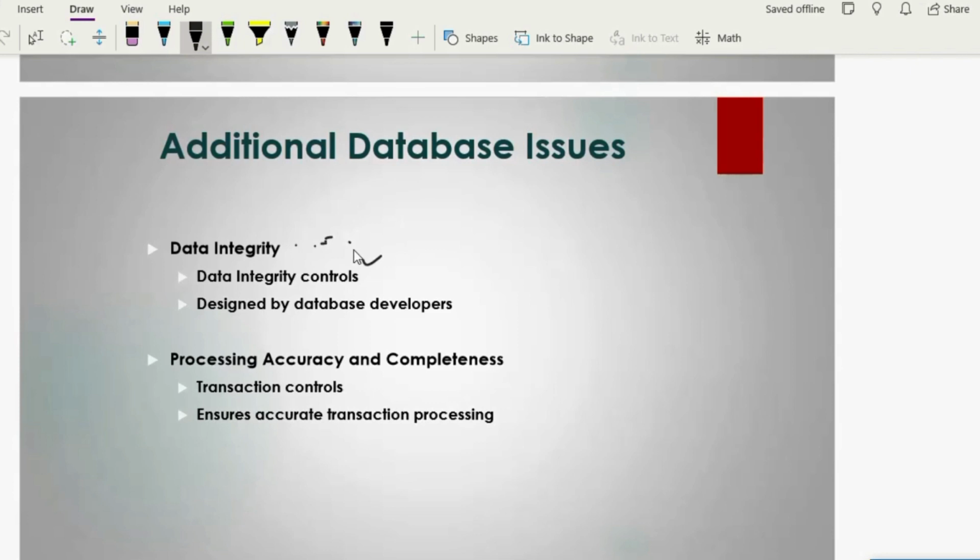There are different tests which we perform in order to make sure that the correct data is stored in the proper location. These are designed by the database developers. A possible example: let's suppose there is a code regarding the state.